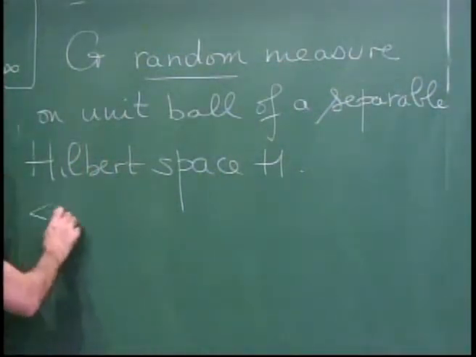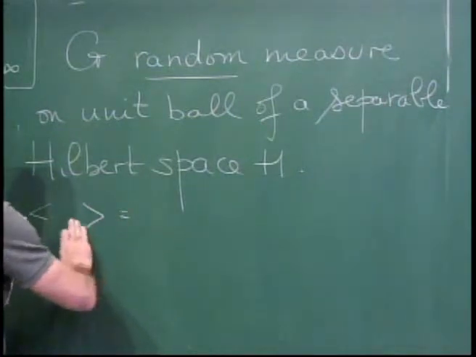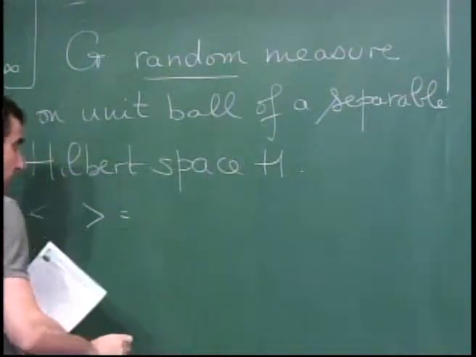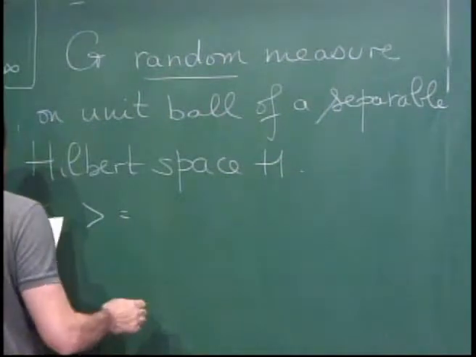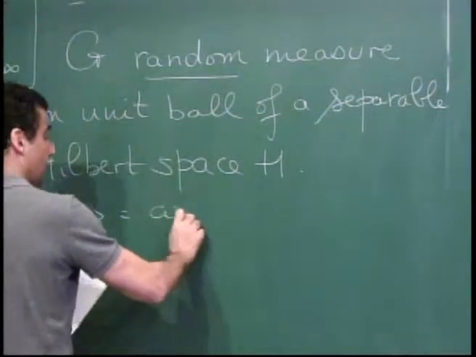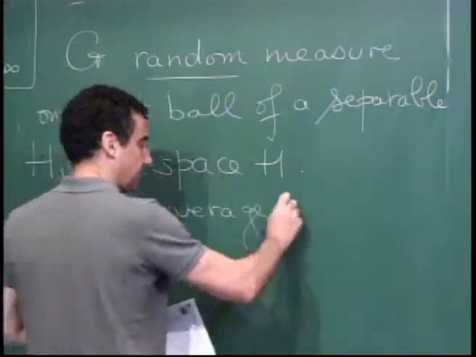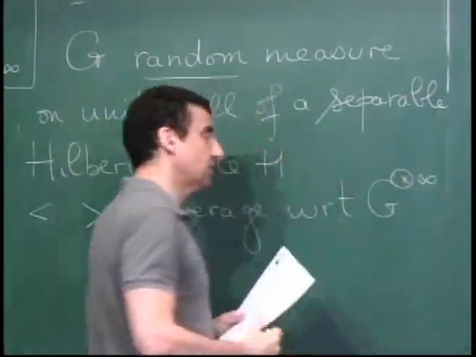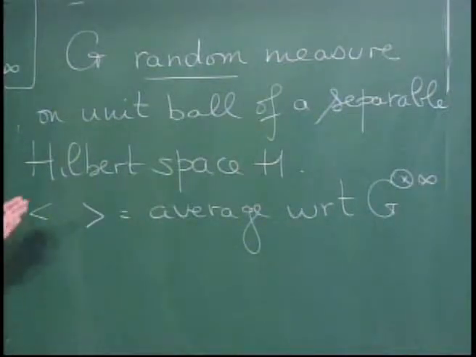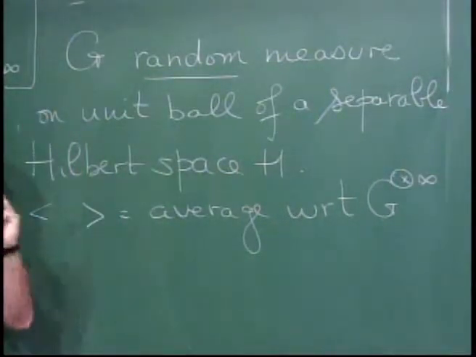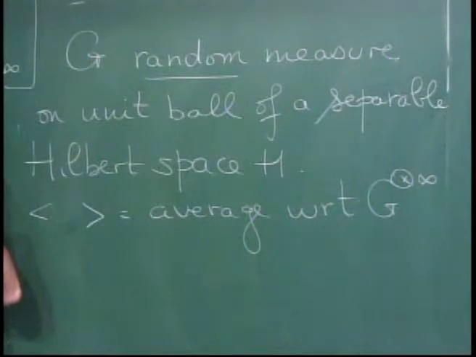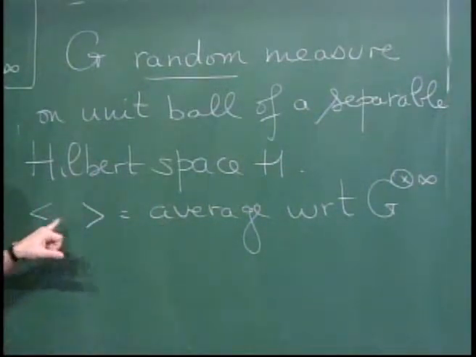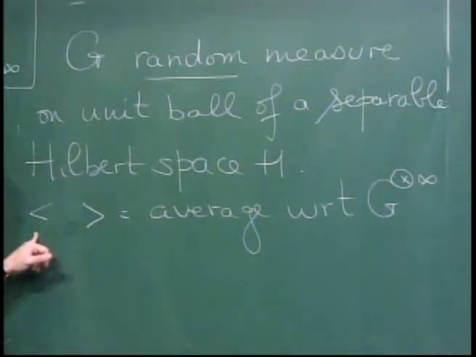I will denote by brackets, to follow the tradition of Talagrand, Panchenko, and all that, the average with respect to the measure G to the infinity. You take an infinite IID sequence under G, and this bracket will mean the average under that. This average means that you haven't yet averaged on the disorder of G.